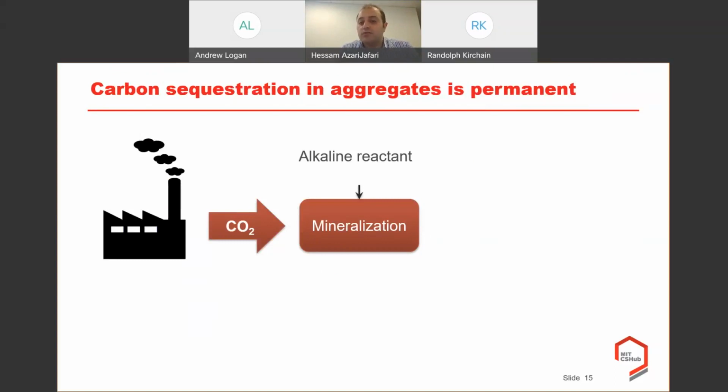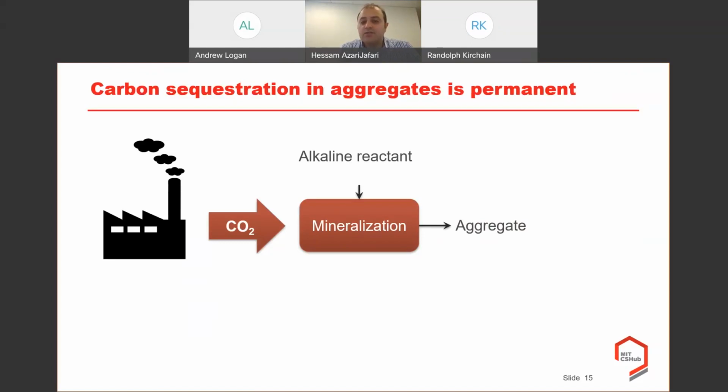So it's very important for us to have enough alkaline reactant available in different locations, and then we have aggregate production, the synthetic aggregate production for this CCU aggregate strategy.